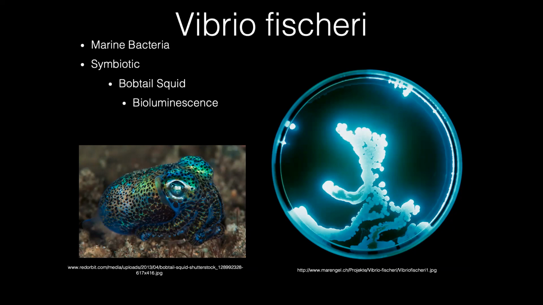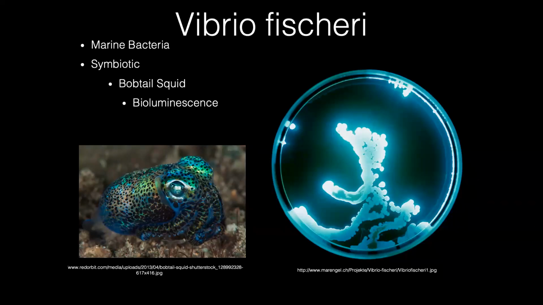The bobtail squid has created a symbiotic relationship with them by having what they call a light organ, and that's basically a little sac or little sacs in their body that they encourage the Vibrio fischeri to grow in, and they feed them and purposefully house them.